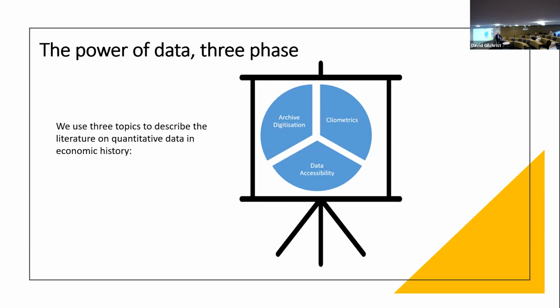One of our aims is to try and cajole, advocate for better records management in terms of digitisation of those records going forward. And then, of course, data accessibility is absolutely critical. By accessibility, I mean not just being able to get hold of the data, but also being able to manipulate that data, as I said before.